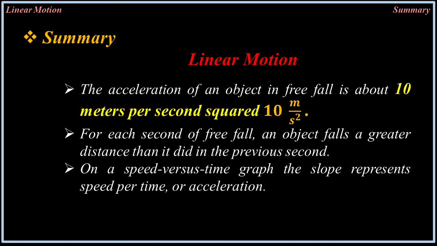The acceleration of an object in free fall is about 10 meters per second squared. For each second of free fall, an object falls a greater distance than it did in the previous second. On a speed versus time graph, the slope represents speed per time, or acceleration.